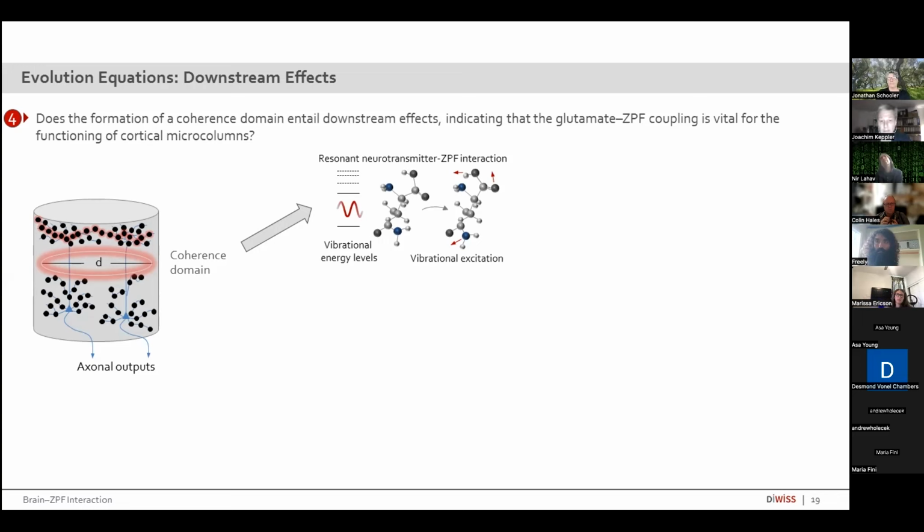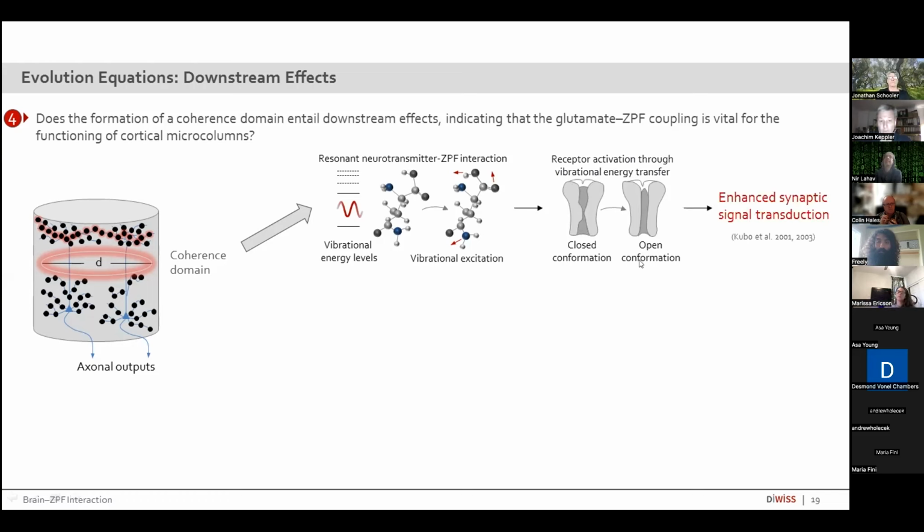And this is important because vibrational excitations induce receptor activations through vibrational energy transfer and result in conformational changes of the receptors and in the openings of channels. So the resonant interaction with the neurotransmitter pool has one positive effect. It enhances synaptic signal transduction.